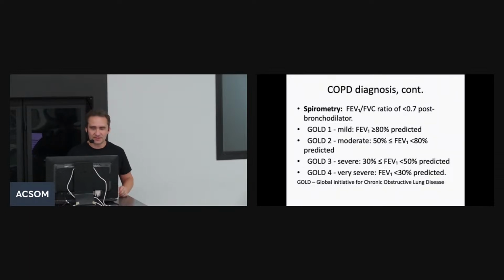In spirometry, the ratio of FEV1 to FVC should be less than 0.7 post bronchodilator. That's the first measurement. Then to classify COPD as mild to severe, you look only at FEV1. You don't use the ratio anymore. You use the FEV1 to see the severity of the disease. And GOLD means the Global Initiative for Chronic Obstructive Lung Disease.